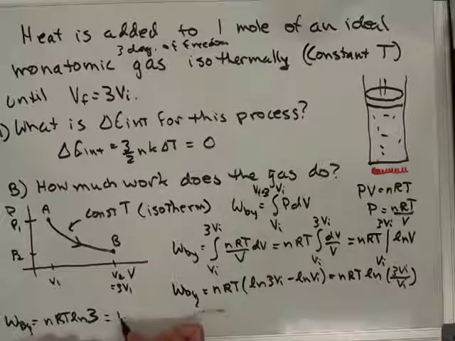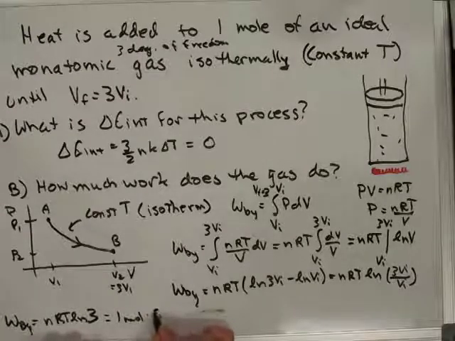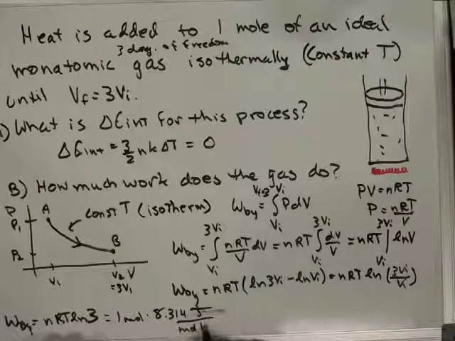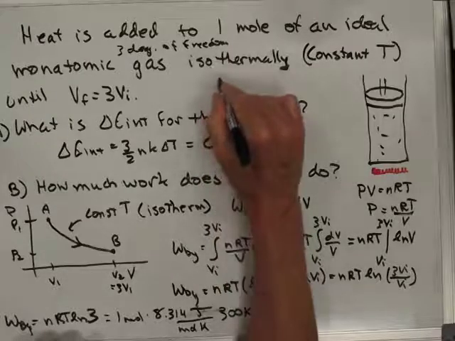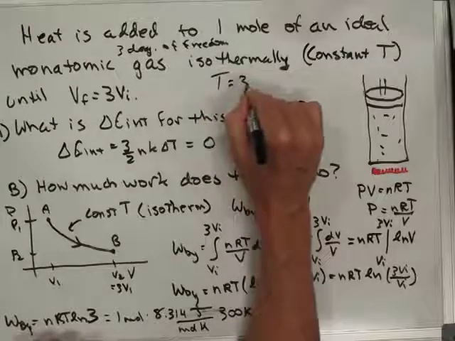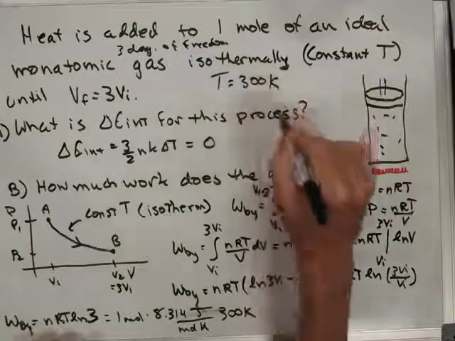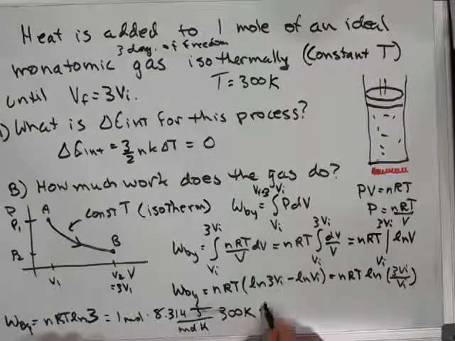And so this is 1 mole times 8.314 joules per mole Kelvin times 300 Kelvin for the whole process, times the log of 3.